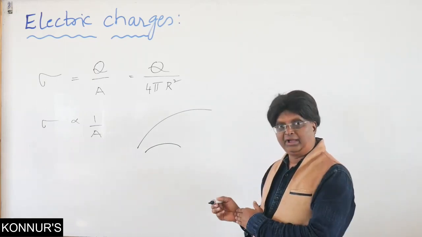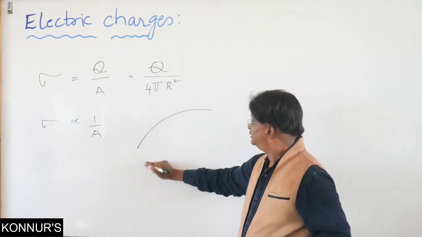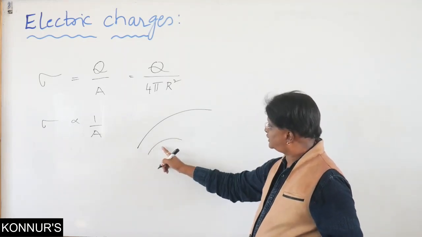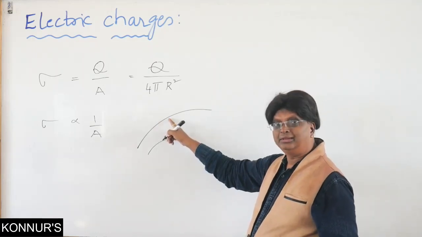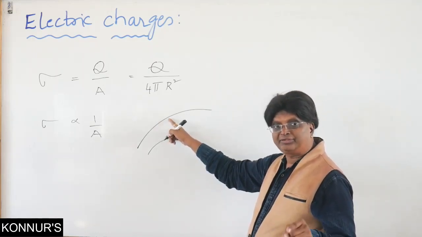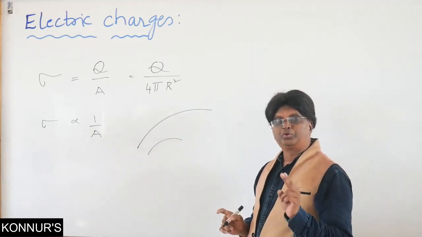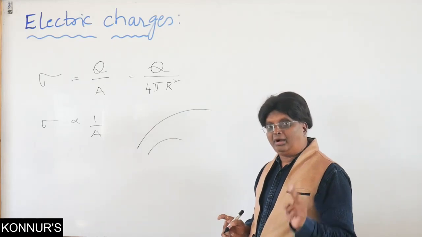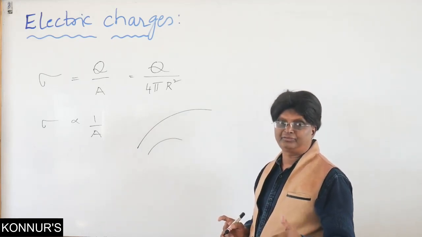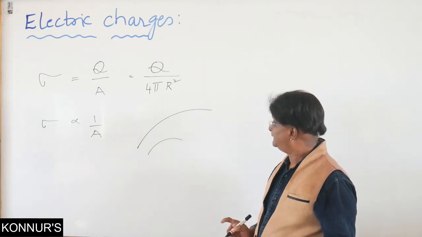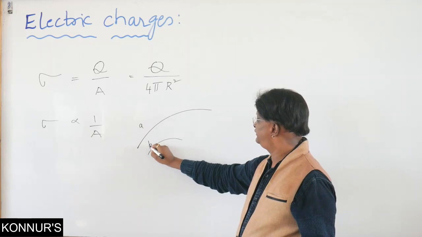What we find is that this one is more curved, its degree of curvature is more. We say this one is less curved, its degree of curvature is lesser. Now two things are important: whether it is asked about degree of curvature or radius of curvature. Here, let me take this as A and let me take this as B.